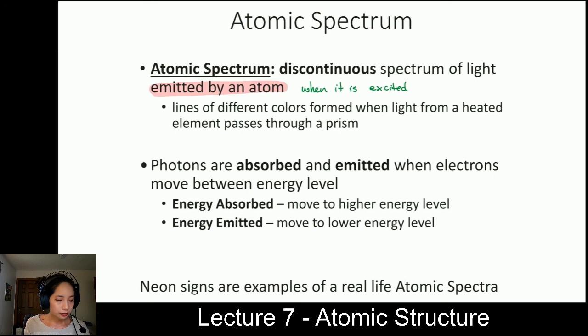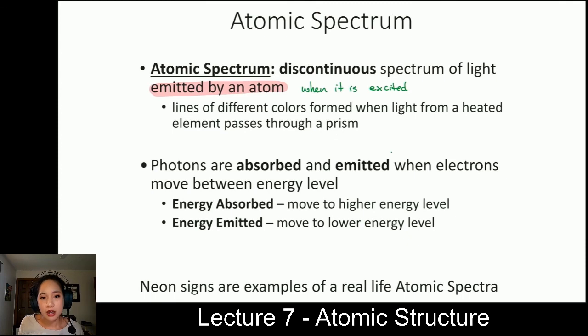All right, atomic spectrum. I say it's discontinuous because before, when we talked about rainbows and white light being separated by a prism into the rainbow colors, that is a continuous spectrum. While with an atomic spectrum, you see discrete lines of different colors when light from your atomic spectrum passes through a prism.